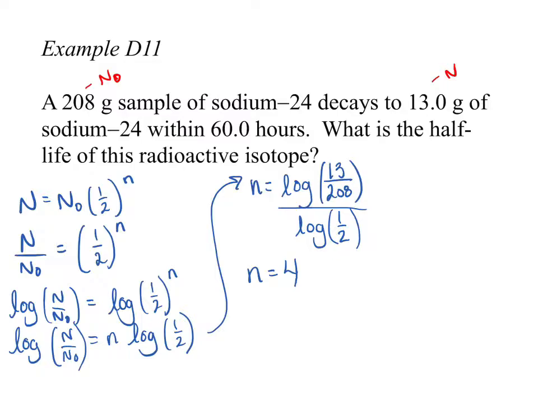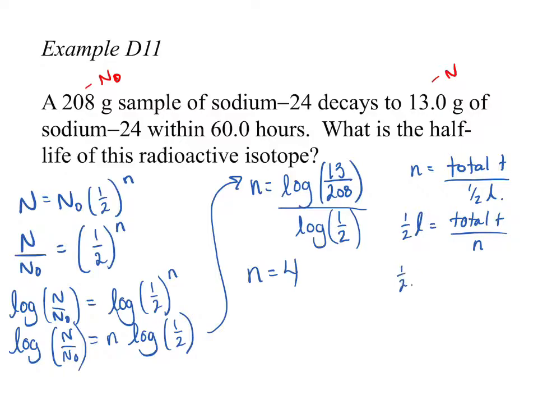So if I want to know what the half-life is, so remember that n is equal to the total time divided by the half-life, right? So if I want to know what the half-life is, then it's just total time divided by n.